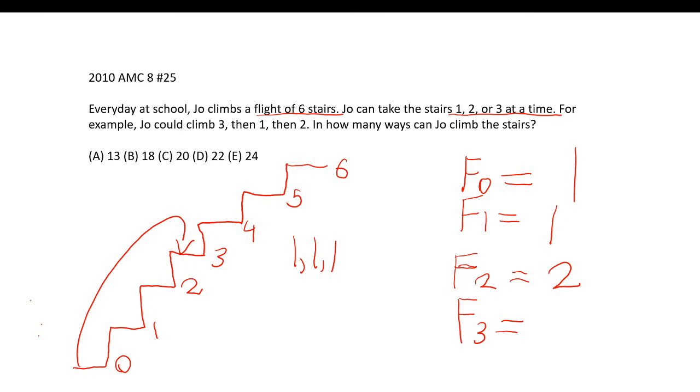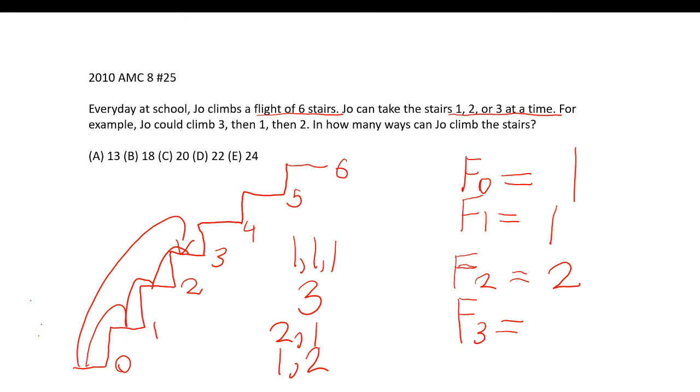So 1, 1, 1. Or we could take 3 at a time. And that represents that, by the way. The big one is 3. And we can do 2, 1, 1, 2. And in this one order does matter, actually. We can do 2, 1, 1, 2. And we've ordered them all.